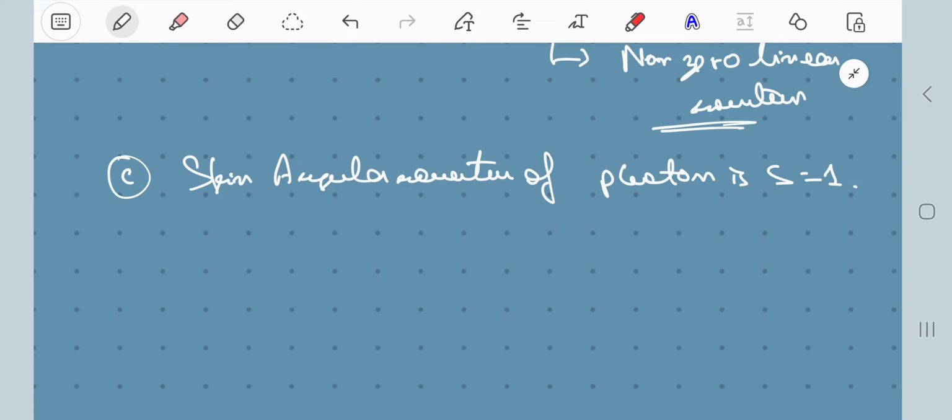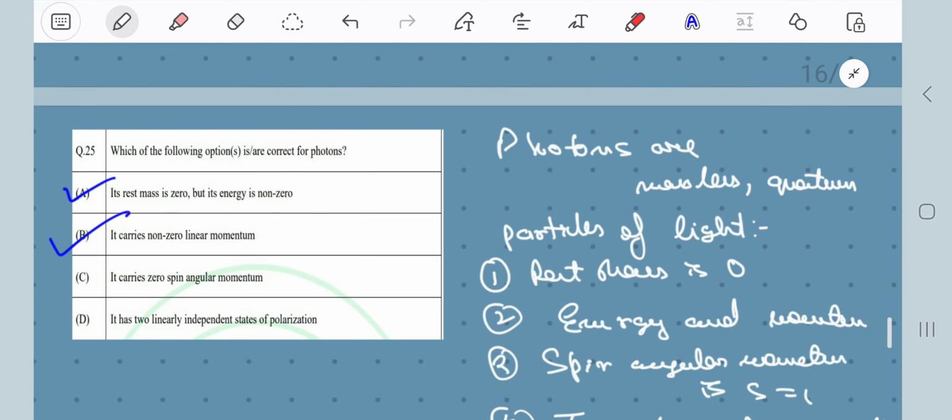And so it's not 0, though it doesn't have a rest frame, still its spin angular momentum is not 0. Okay, you need to keep that in mind. So C is not true.